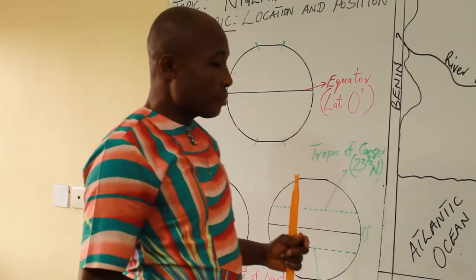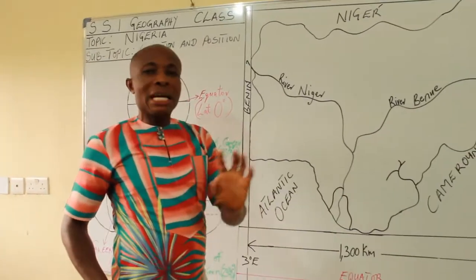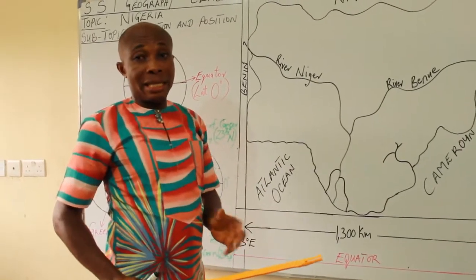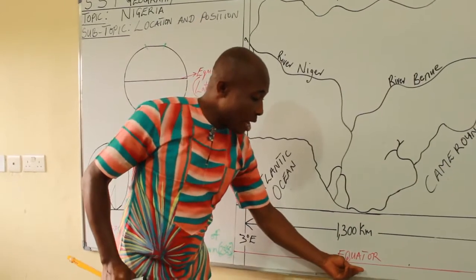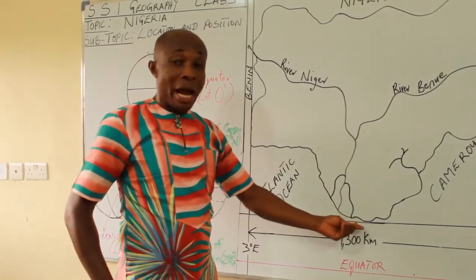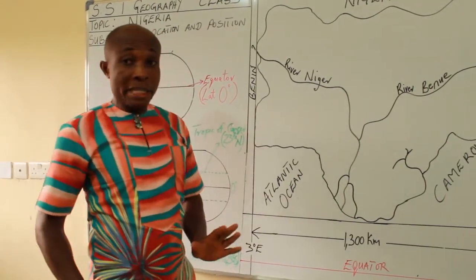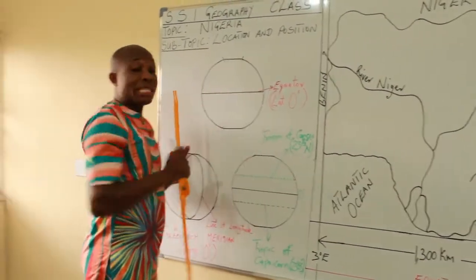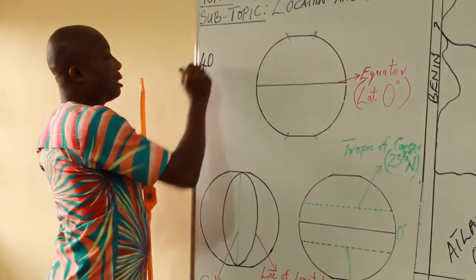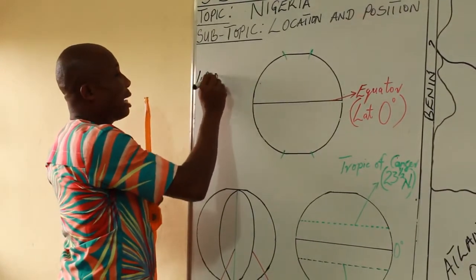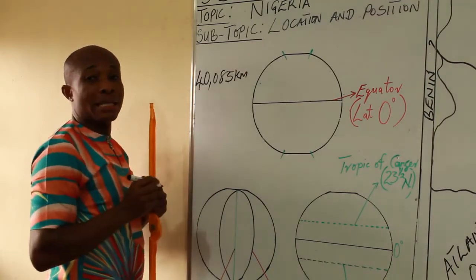And okay, one may ask, what if we really want to determine the actual distance in kilometers, if one is moving from the equator northwards to determine where the country Nigeria is located? Very simple. The equatorial circumference of the earth is 40,085 kilometers.